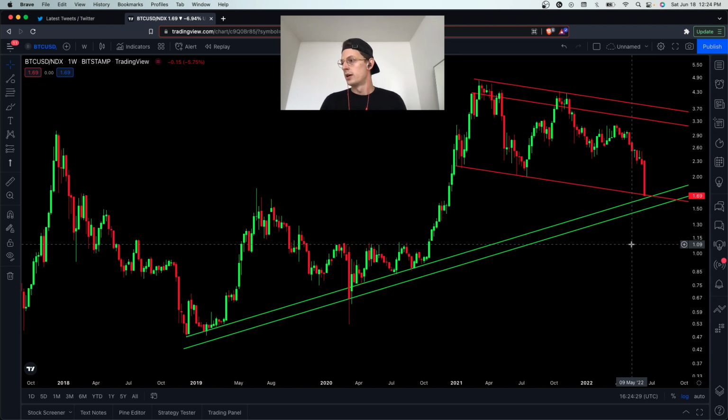And so with Bitcoin potentially getting ready to break down below this multi-year support trend line, that would also be cause for concern, showing a material deterioration in the price of Bitcoin relative to technology stocks, again confirming basically no risk appetite in this market. So that's definitely something to watch.